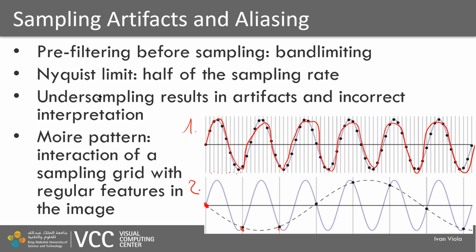So we have been putting a first sample at the beginning, then the next sample is here, and the next sample is here, and the next sample is here, and so on. And you can see that this is a representation of this higher frequency sine wave, which is not sufficient to reconstruct the original function.